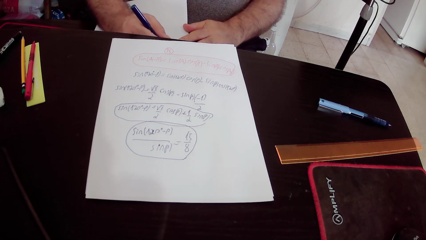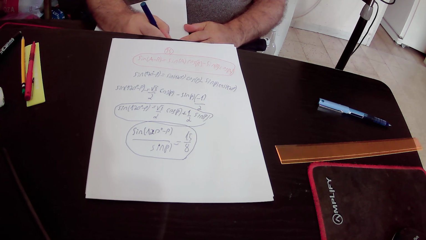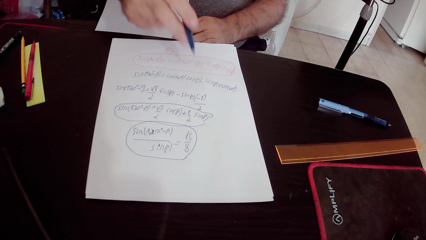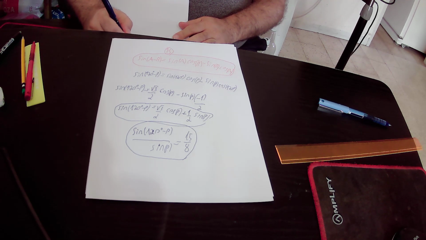That is actually root 3 over 2 times cosine P, and we must divide all by sine P, plus 1 over 2 times sine P over sine P. This equals 15 over 8.